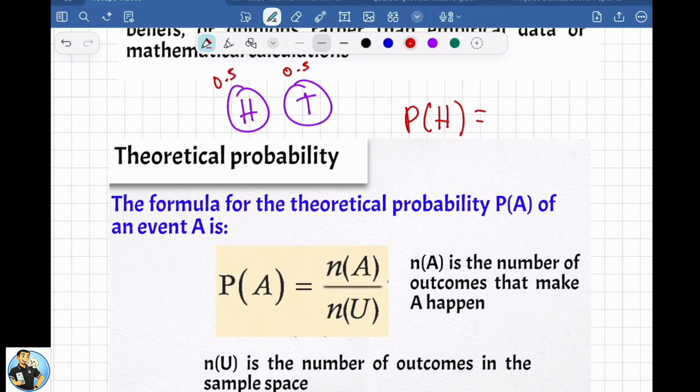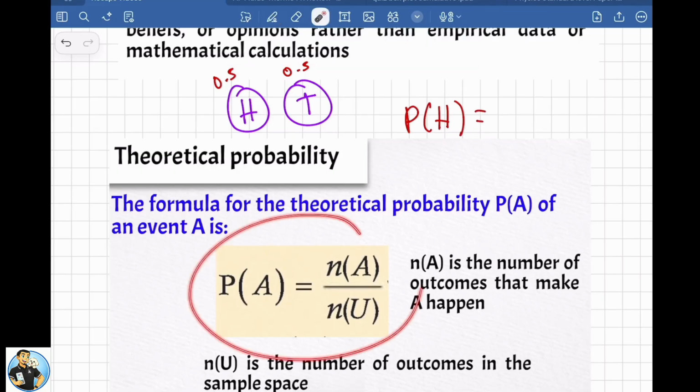Okay, so we need to find the probability of getting heads. Pay attention, this is my event. We already know that this is the formula. So the probability of getting heads is the number of times that getting heads can be true according to the sample space. Because in the sample space we have only heads and tails, there is one single time that this can be true.